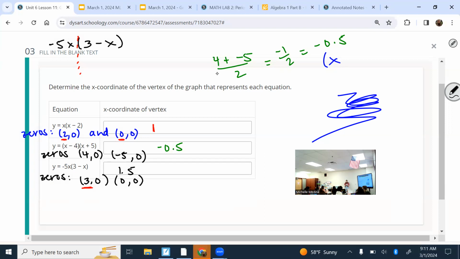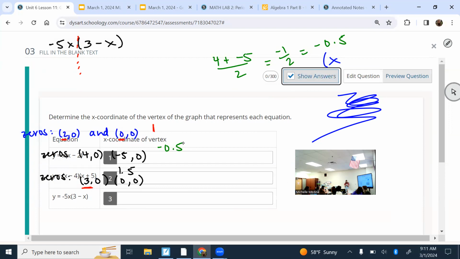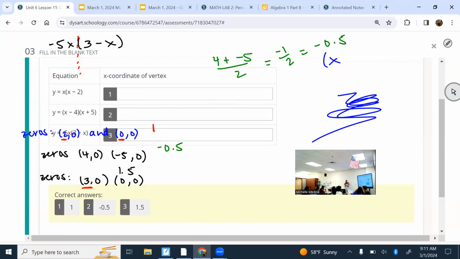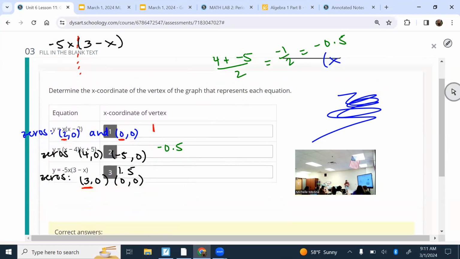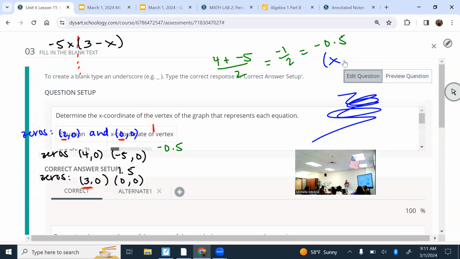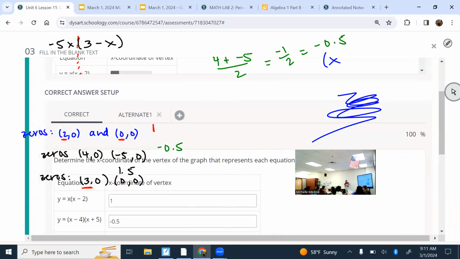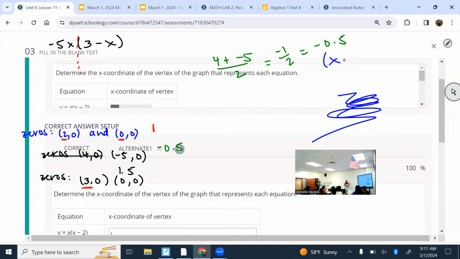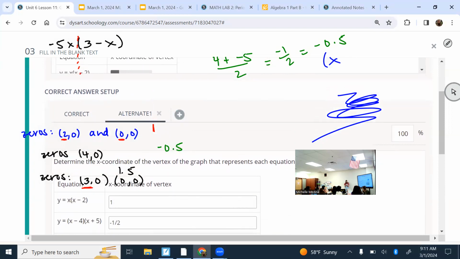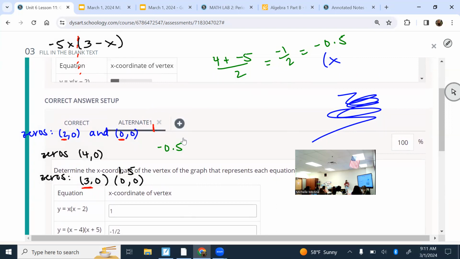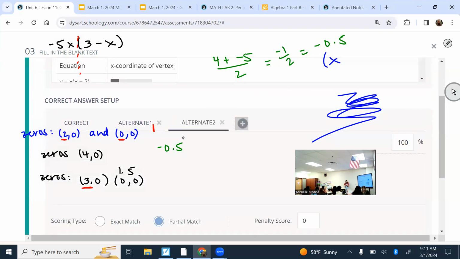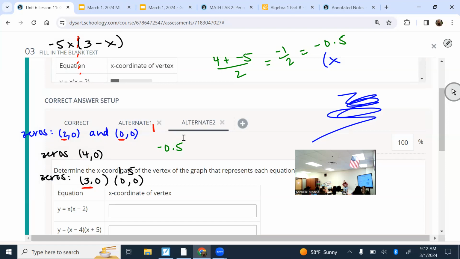I'm gonna show these answers so I can make sure the key is right. Okay, yep, let me make sure that it accepts that middle one a bunch of different ways. Doesn't look like it's accepting all the ways. So I need to add a couple more answers, because you could put it without the zero, and it'll be right, so give me 1 second.